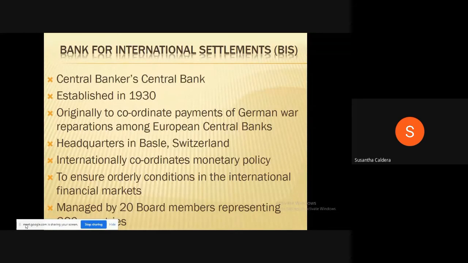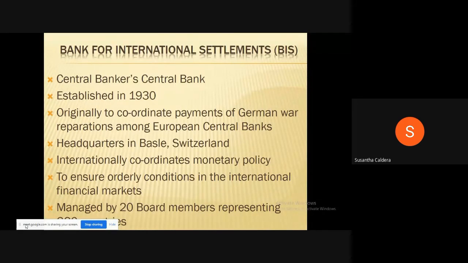Originally it was to coordinate payment of German war reparations among European central banks. A very important thing I'm going to mention is the headquarters in Basel, Switzerland. Basel, Switzerland.